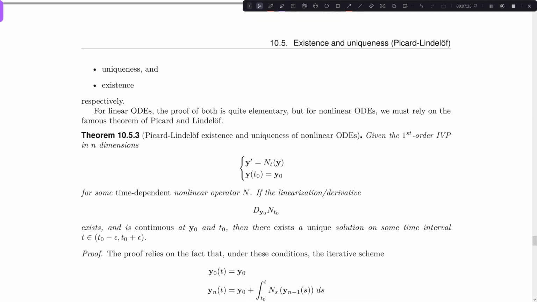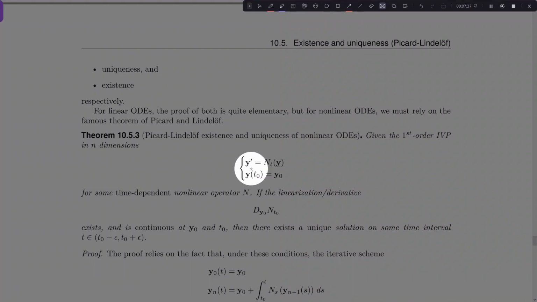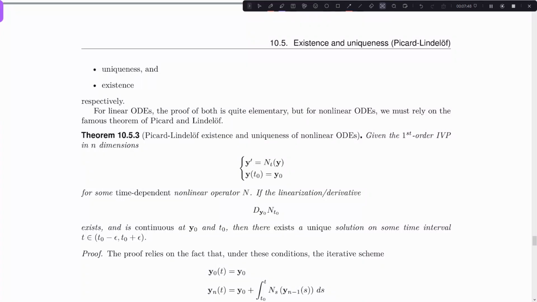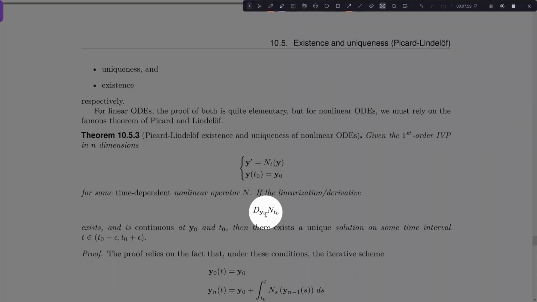So the theorem's right here. It says given an IVP, also known as maybe my nonlinear Cauchy problem, possibly linear too, but given an IVP, so your generic first order IVP, and we recall that we can convert any higher order IVP into a first order one, you just have to increase dimension. But given the first order IVP, if we can compute the linearization, this is why I was introducing linearization, why we made such a fuss about it in the previous sections.